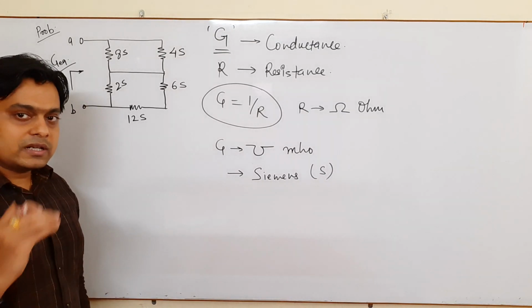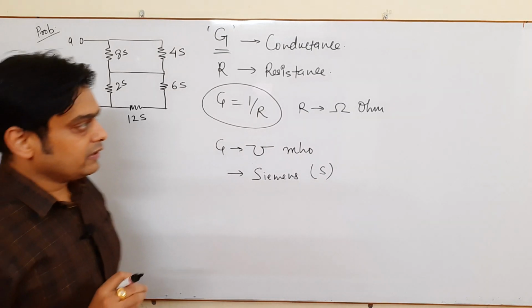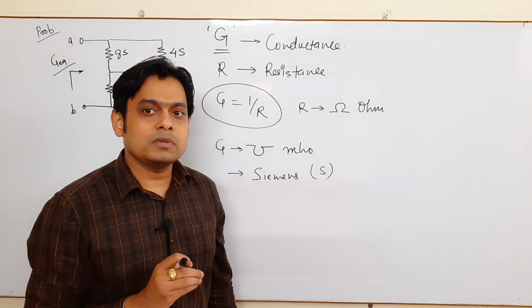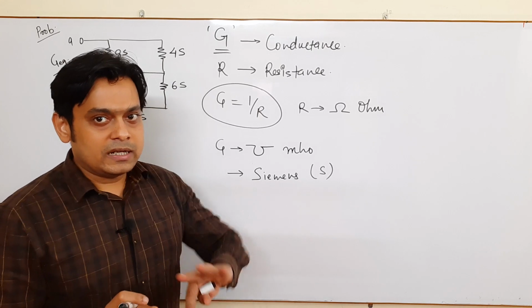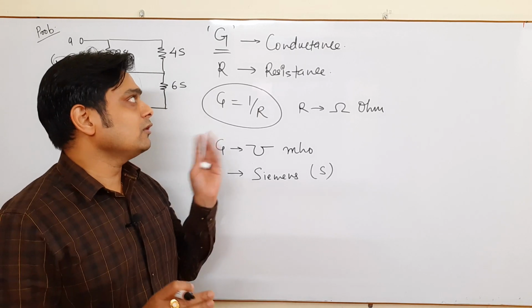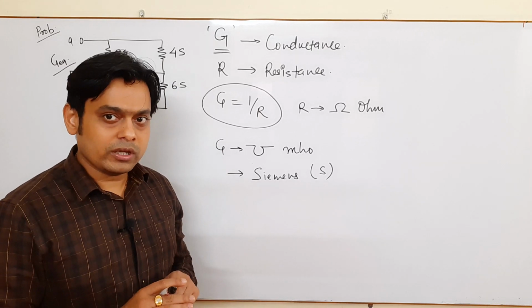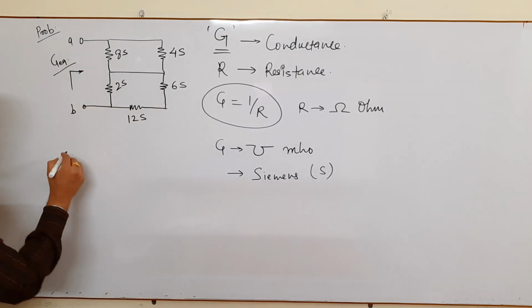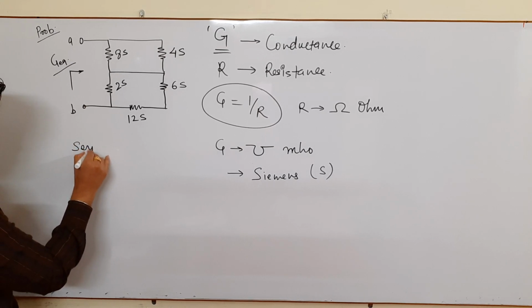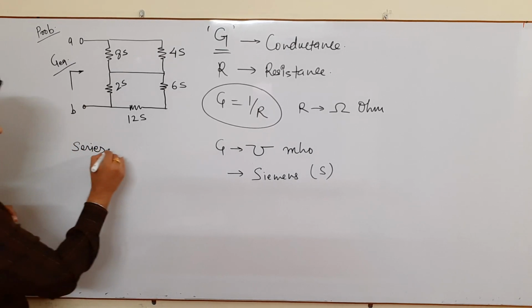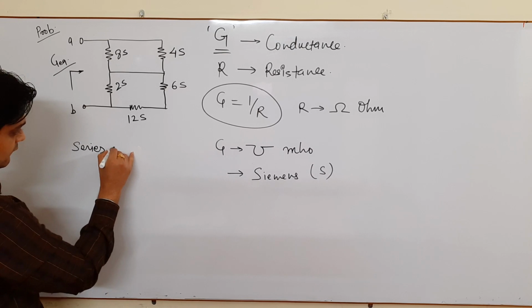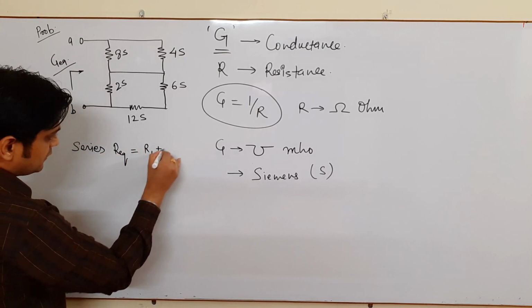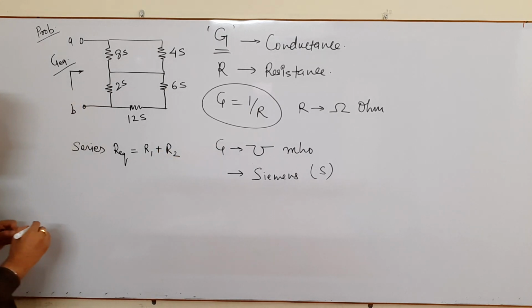Just try to understand that whatever concept we have applied in case of resistance, in terms of either series or parallel combination, it just gets reversed in case of conductance, that is G. If I talk about series, to find the equivalent resistance, say there are two resistances R1 and R2, you simply add R1 plus R2.